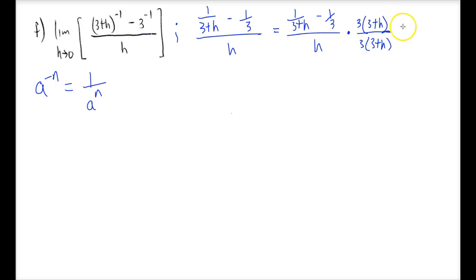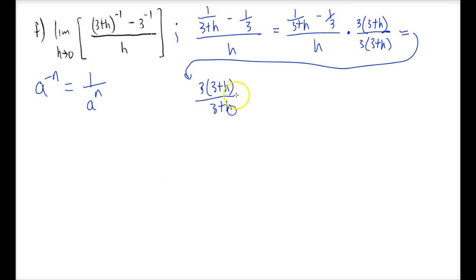And so if we do that, of course, in the first term, we'll have 3 times 3 plus h, all that divided by 3 plus h. In the second term, we'll have 3 times 3 plus h, all that divided by 3, and then everything divided by h.